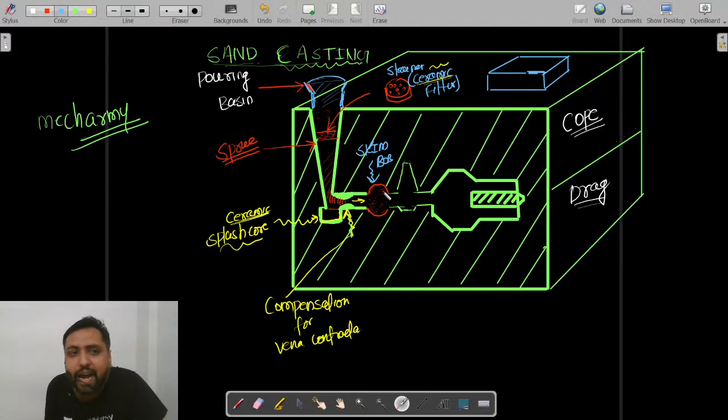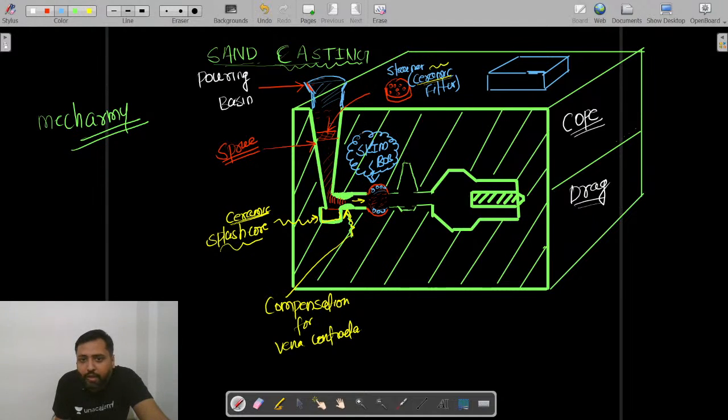Those impurities which are lighter will float in the upward direction, and those which are heavier will settle down. These impurities will be entrapped here in this spherical cavity known as a skim bob. So here second stage filtration happened.